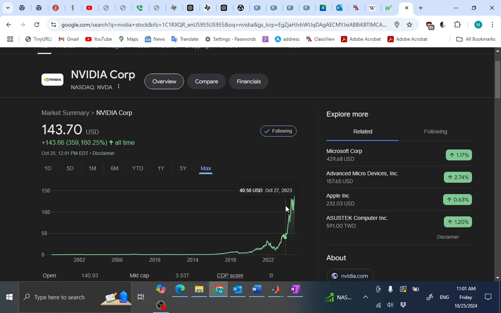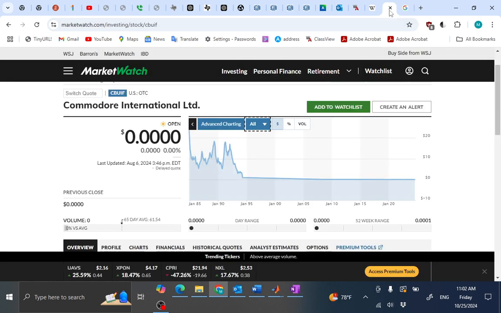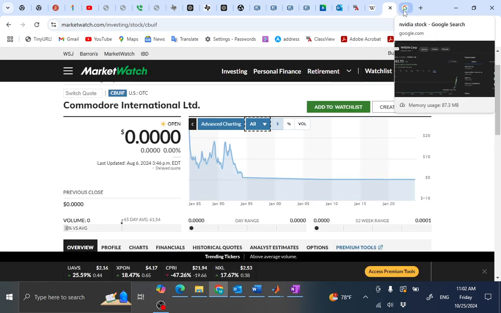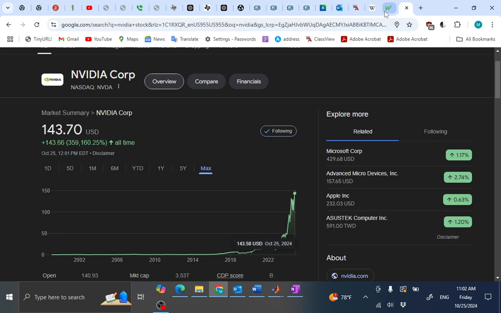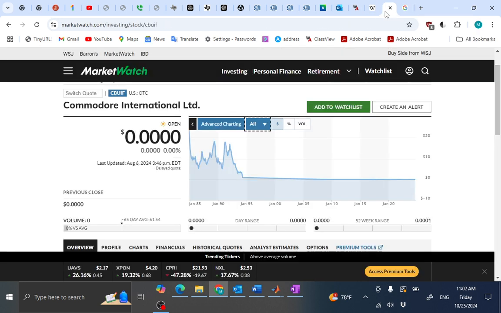A very different picture. You see the volatility here, the story of Commodore, the story of Nvidia, very different kinds of companies. Commodore was a typewriter company that somehow grew into a computer company.